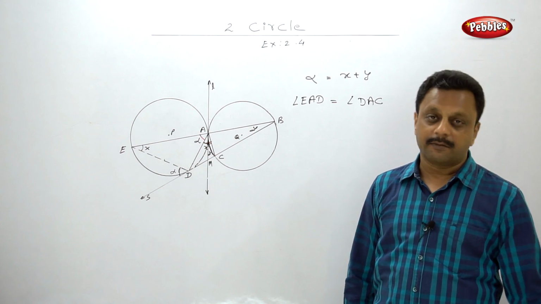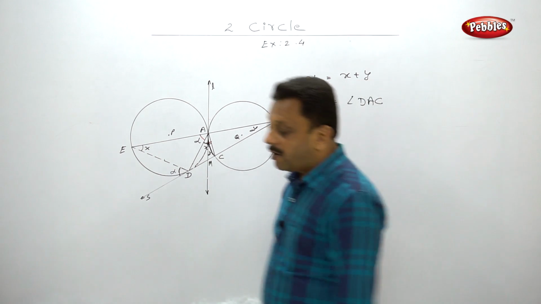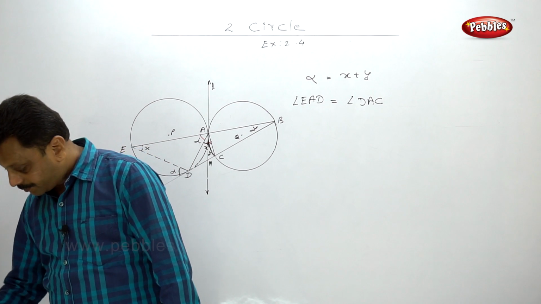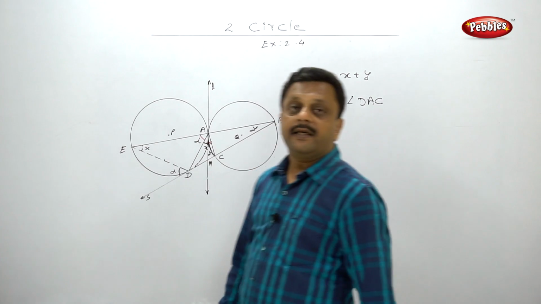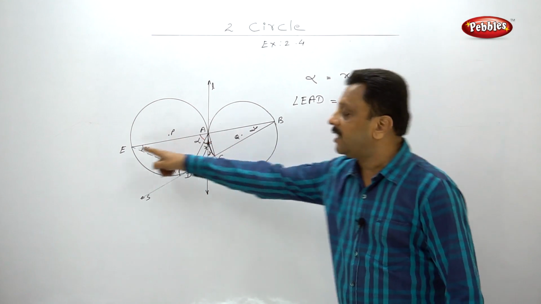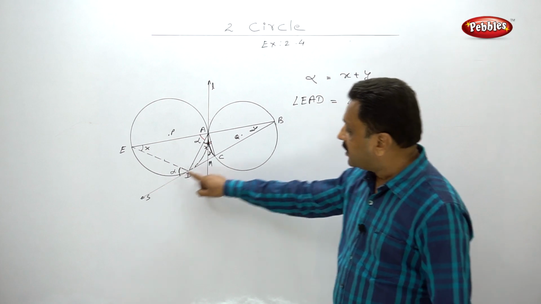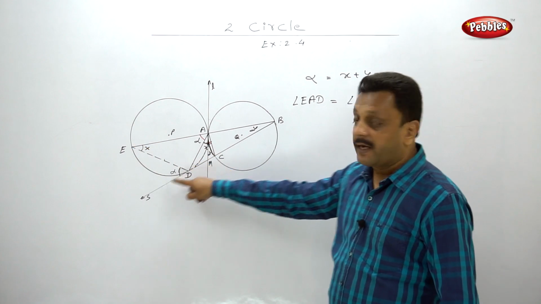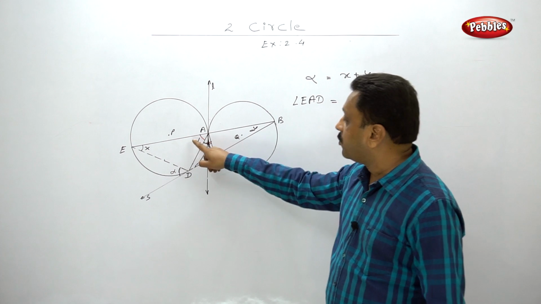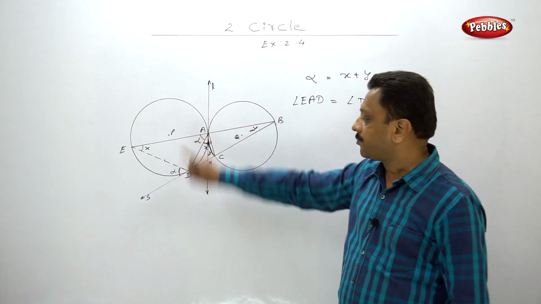It is as simple as that. Have you understood this problem? They have asked us to prove that this line AD is the bisector of CAE. So my first step was, this is the angle alpha which is equal to this angle, because of angles in alternate segment.